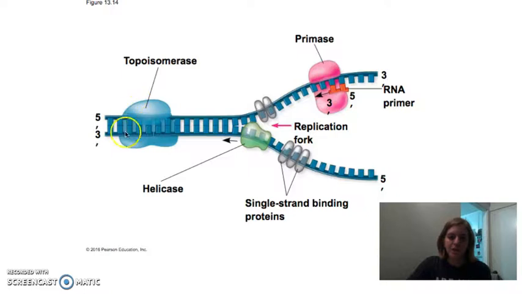Then topoisomerase is an enzyme that is important because the DNA double helix is typically twisted, and if we were to try to untwist it, you can imagine it would cause a lot of strain. So topoisomerase helps relieve this strain by breaking, swiveling, and rejoining the parental DNA ahead of the replication fork, preventing that strain.